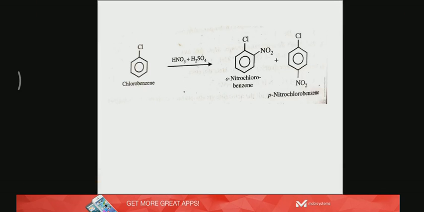Look at the example. Chlorobenzene is nitrated, you get ortho-nitro and para-nitrochlorobenzene, a mixture of two products, because it is deactivating, so reaction is difficult to take place, and if at all it takes place, it will be at ortho and para positions, one at a time.